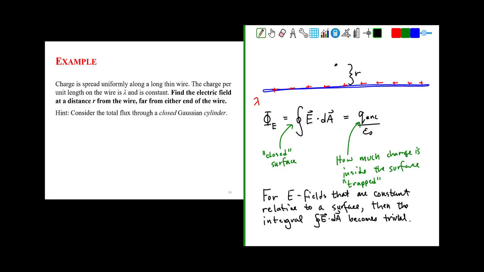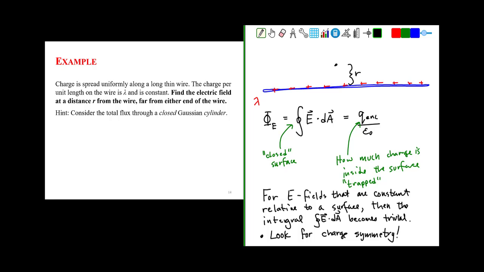So how do we find electric fields that are constant relative to a surface? Well, look for symmetry. Remember, if a charge configuration is symmetric, then the electric field will be symmetric.